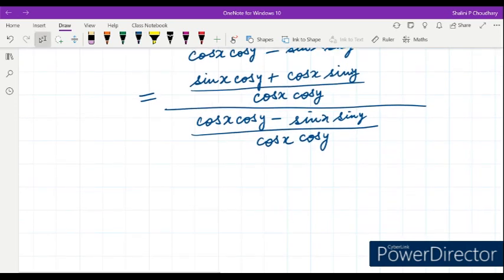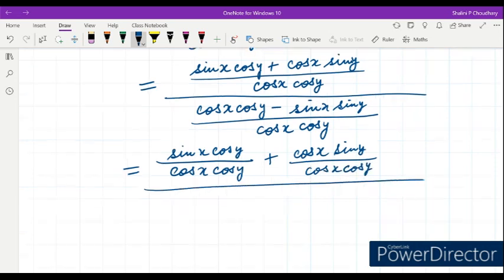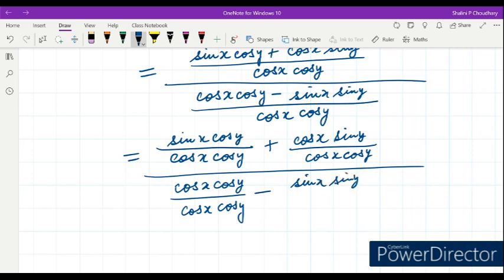Okay, now we'll separate this. We'll write sin x cos y divided by cos x cos y plus cos x sin y divided by cos x cos y. Okay, now this was numerator, now denominator. Cos x cos y divided by cos x cos y minus sin x sin y divided by cos x cos y.